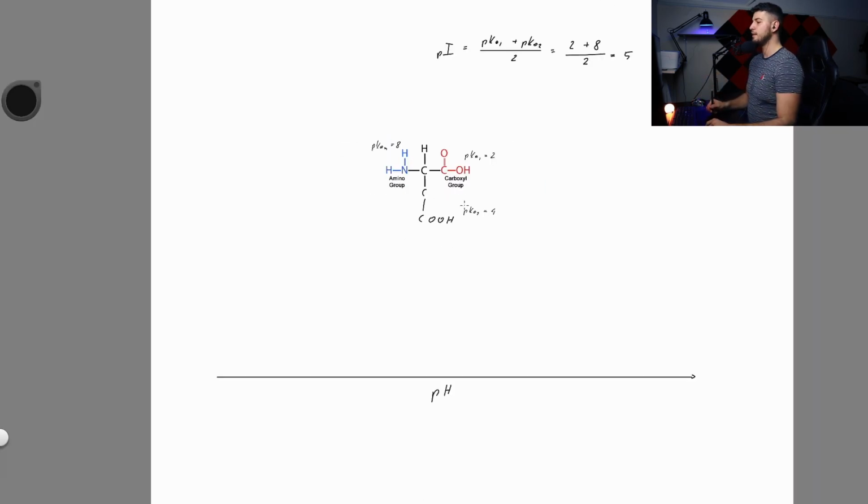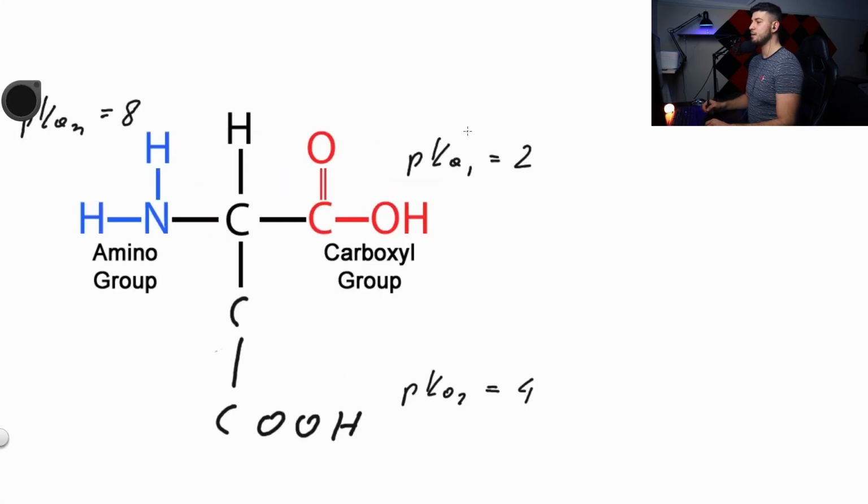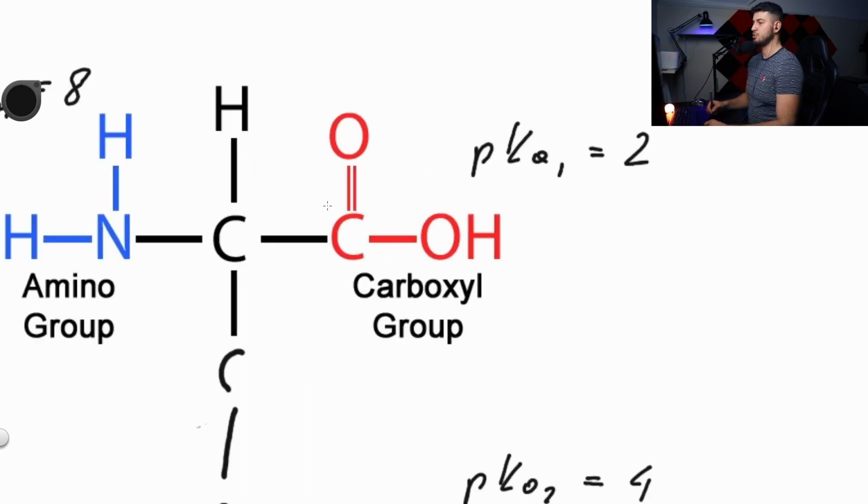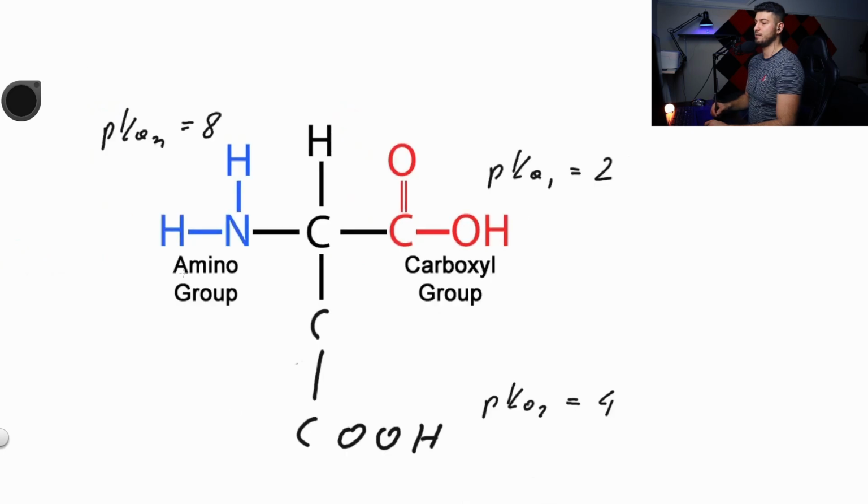So now, when pH is below the lowest pKa, it means that all of them are protonated. Okay, all the functional groups have additional protons, or as many protons as possible. So the carboxyl is just COOH, and the amino group will be NH3+.